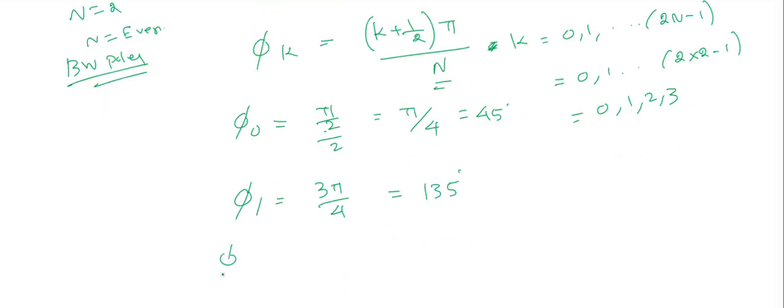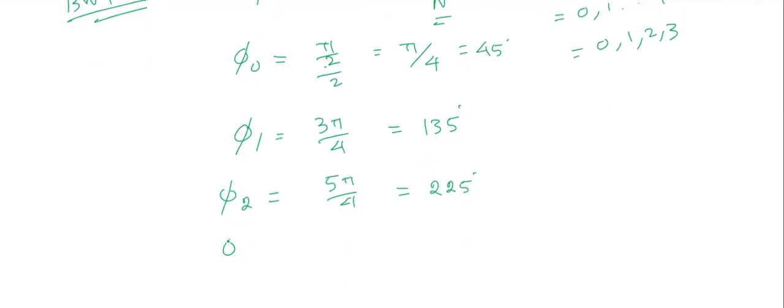And pi 2, the angle of the poles, can be determined by 5 pi by 4, which is equal to 225 degree. And similarly, pi 3 is equal to 7 pi by 4, which is equal to 315 degree.